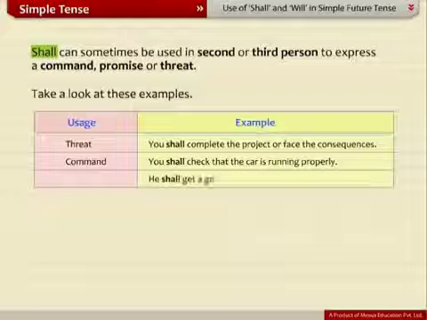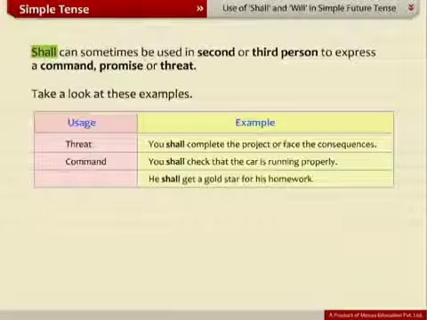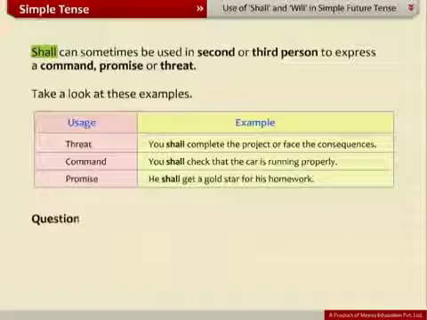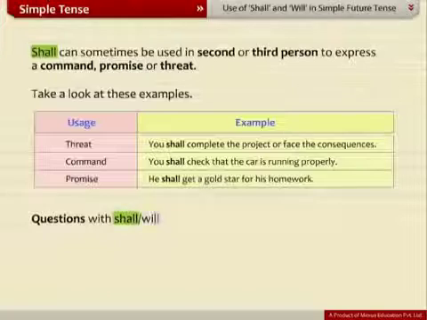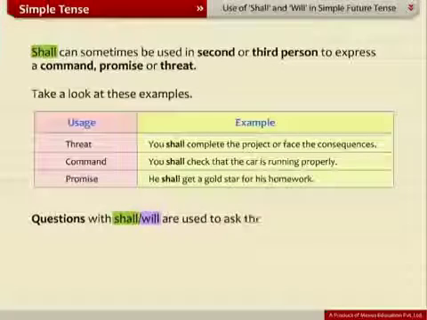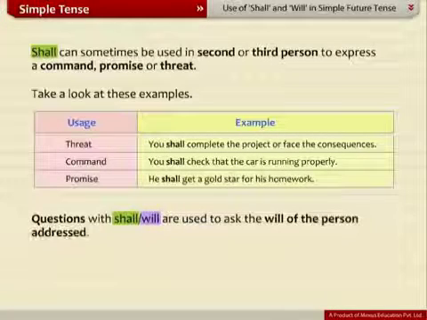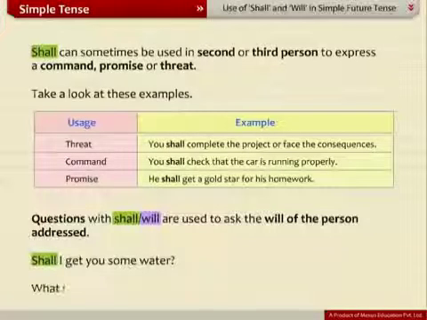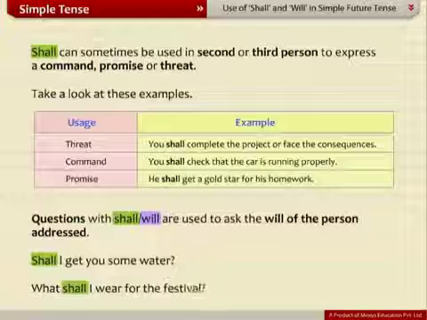It's a command. He shall get a gold star for his homework. It's a promise. Questions with shall are used to ask the will of the person addressed. Shall I get you some water? What shall I wear for the festival?